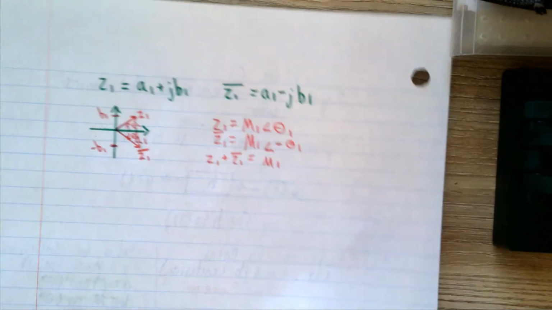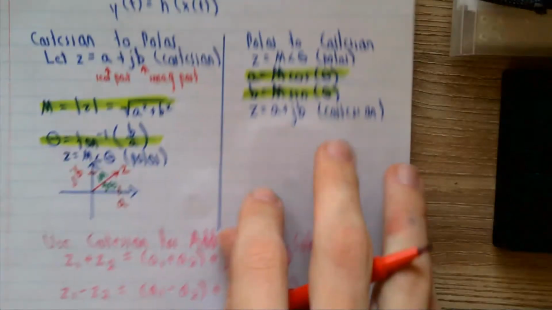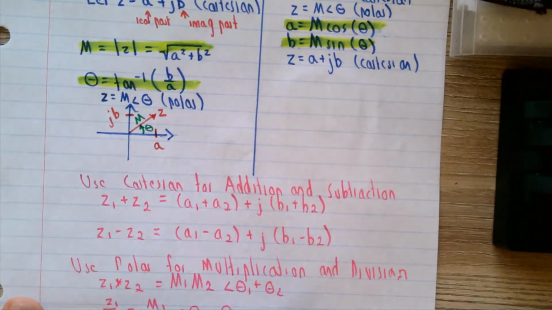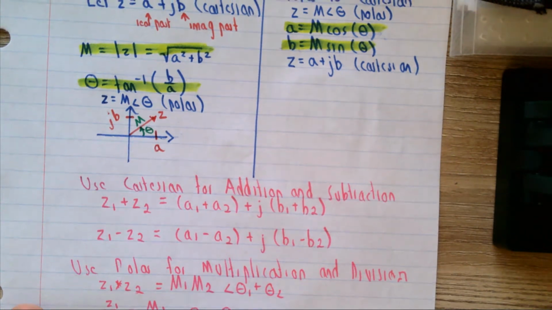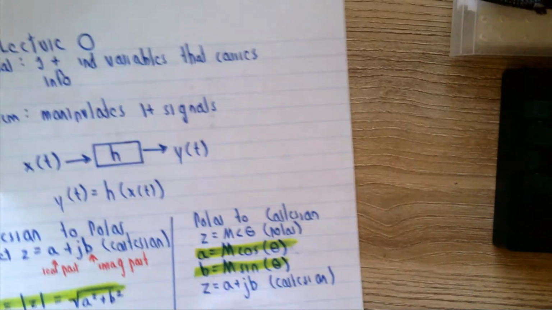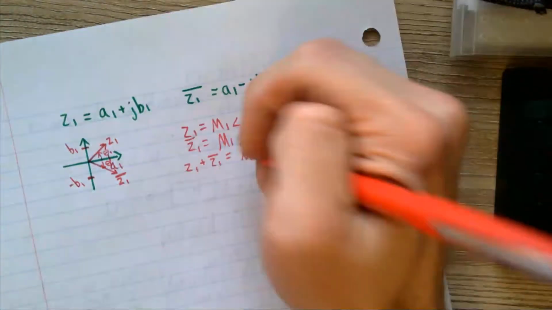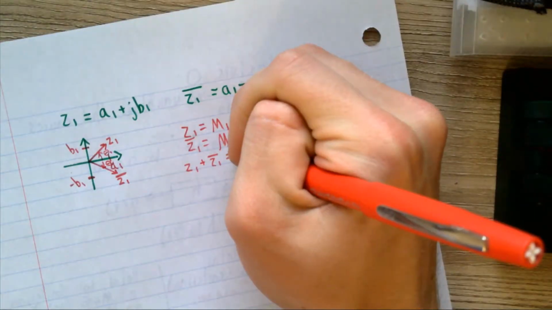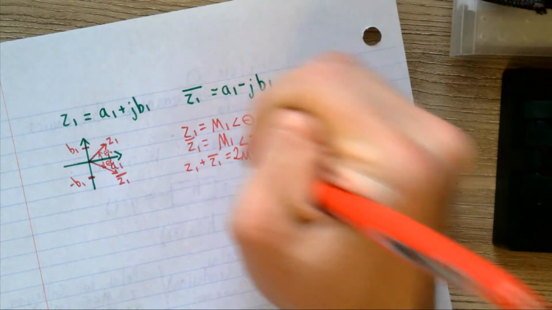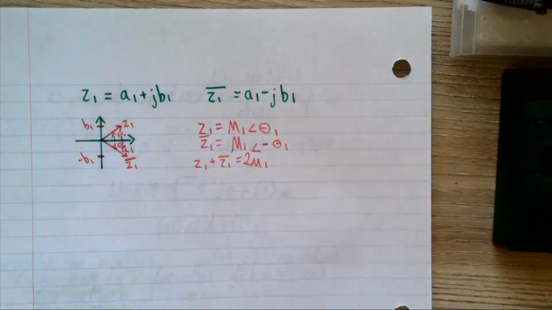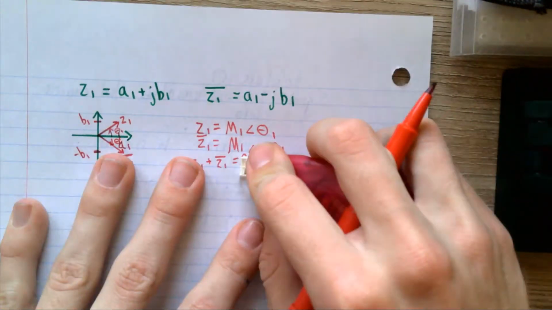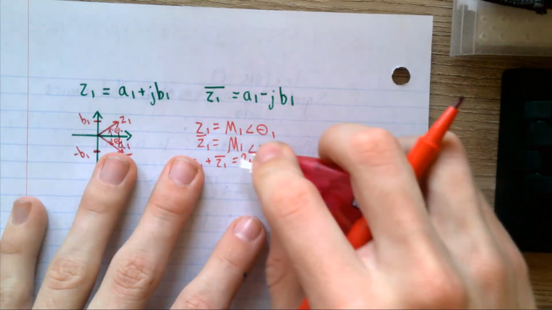When you do the two added together, if we convert it, it gives you twice the real part, sorry, so it would actually be 2A1. So it'd be 2 times the real part here, 2 times A1.